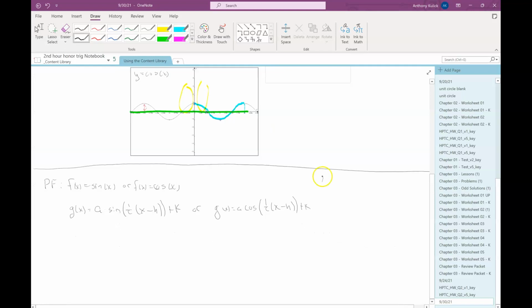And any function that's built around sine or cosine, we refer to as just a sinusoid. So a sinusoid is just going to be a sine or cosine function, any transformation of.